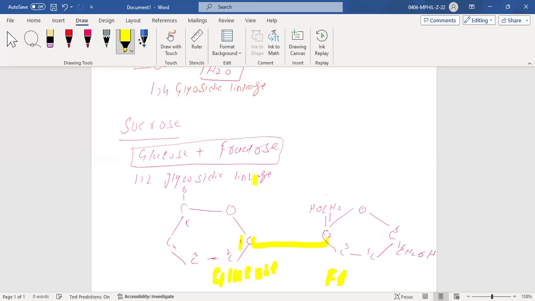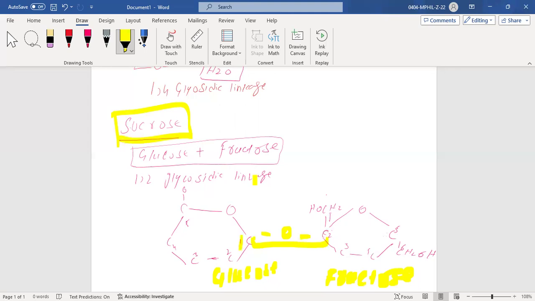Here is fructose. So this is how the glycosidic linkage is formed, with oxygen in between them. So now it is sucrose. Sucrose is formed, right?